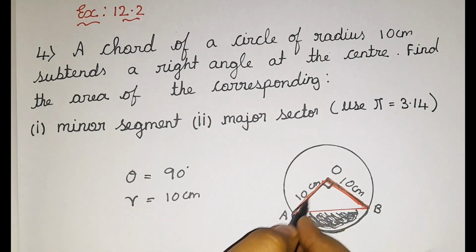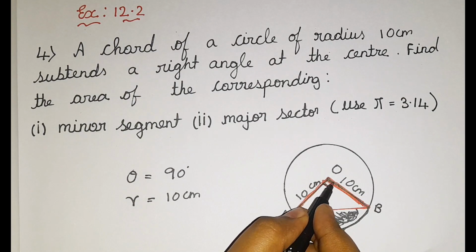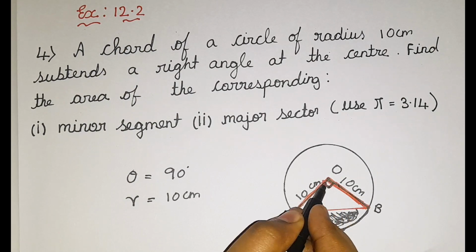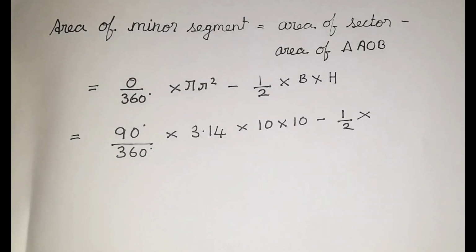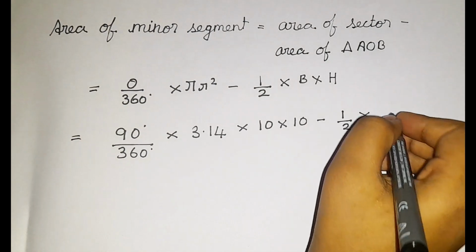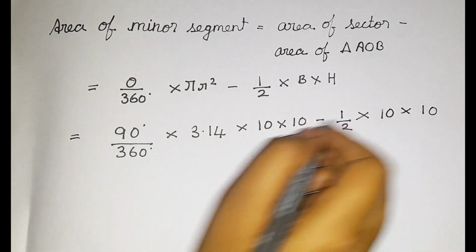Remember guys, we are supposed to mark it with the angle. So this is the height and this is the base. The base AO is 10 centimeter and the height is also 10 centimeter. So let us write 10 into 10.